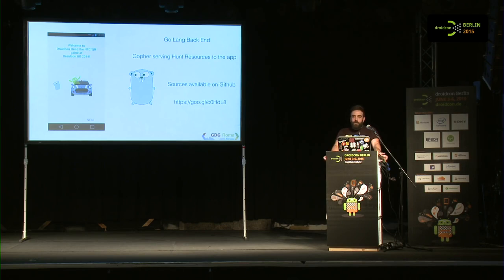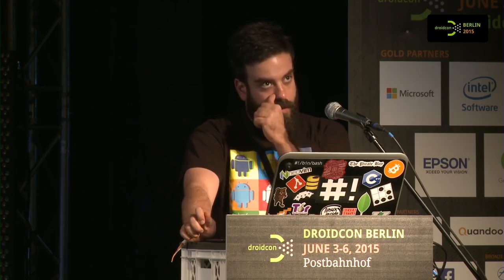Golang is a programming language developed by Google in 2007. It is a young language. The last version is 1.4, released in February. It is a good language.